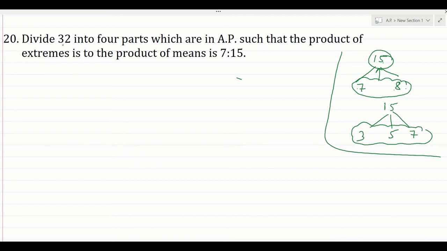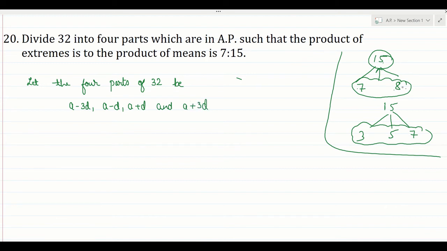We are asked to divide 32 into 4 parts, which are in AP. So we will say, let the 4 parts of 32 be a minus 3d, a minus d, a plus d, and a plus 3d.